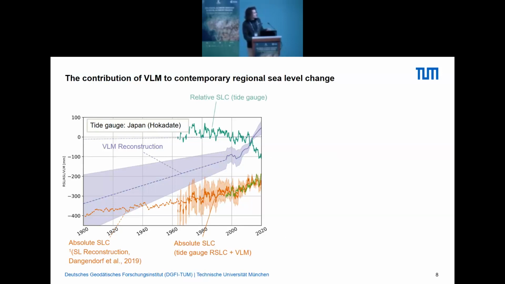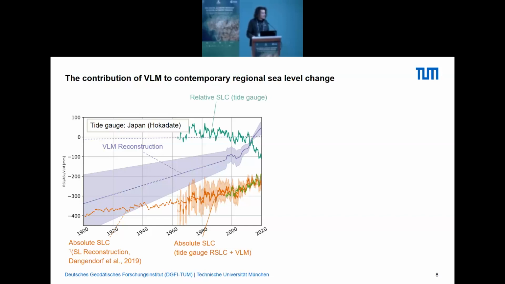And in red, we see the difference of relative sea level change and the vertical land motion, which is the absolute sea level change. And we compared this to another independent estimate of the absolute sea level change over the last century from Sönke Dangendorf. And here we see that these two orange lines fit relatively well, and that also fits relatively well to the altimetry time series. So overall, we believe that this is important, for example, to constrain sea level reconstructions.